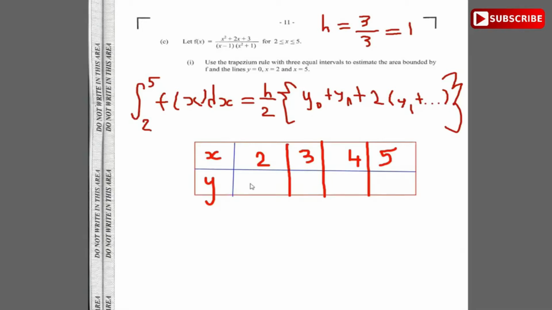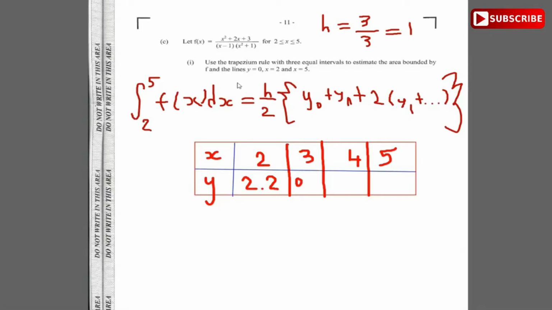So right here I'm getting y as 2.2, for when x is 2. When x is 3, I get 3 squared plus 2 times 3 plus 3, which is 18, divided by 3 minus 1 times 3 squared is 9, plus 1 is 10. I get 0.9.